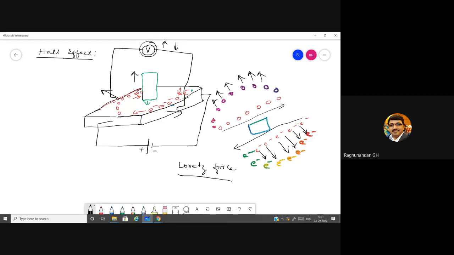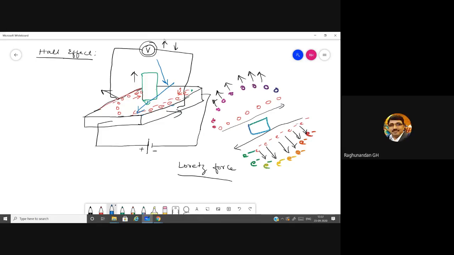How is the current moving? The current is moving in this direction, right? How is the magnetic field applied? The magnetic field is applied perpendicular to this. According to Fleming's left hand rule, how will the current, magnetic field and force be?